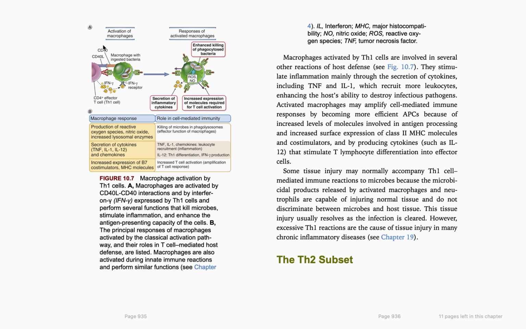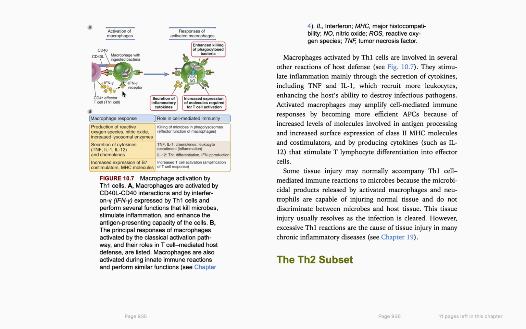So here we see in A the activation of macrophage. So this is macrophage. What is happening? Macrophage ingested bacteria, and there is interaction of CD40 ligand from the T cell and CD40 from the macrophage. Then this leads to interferon gamma being produced by the CD4 effector T cell, T helper 1.